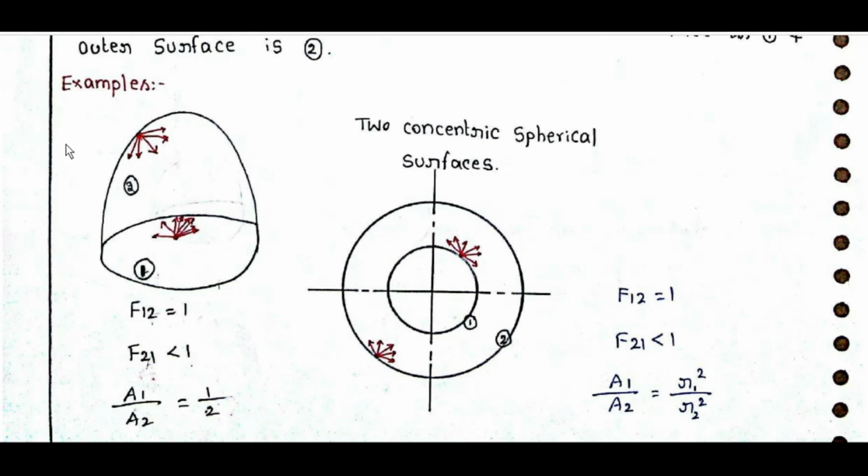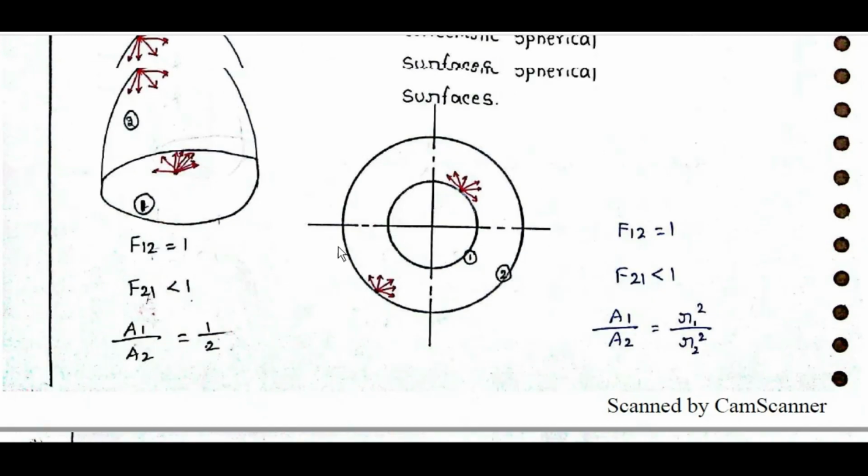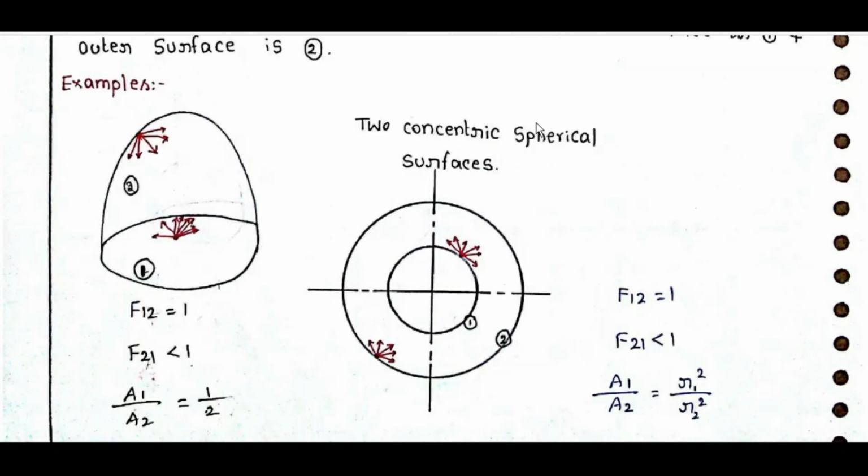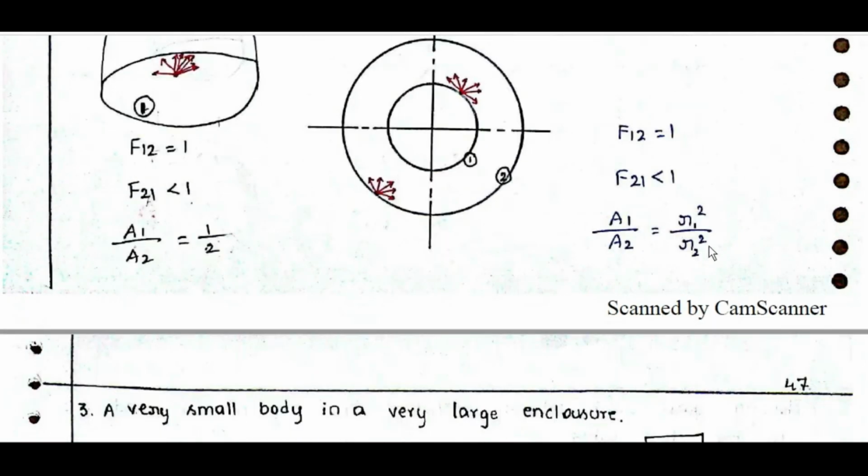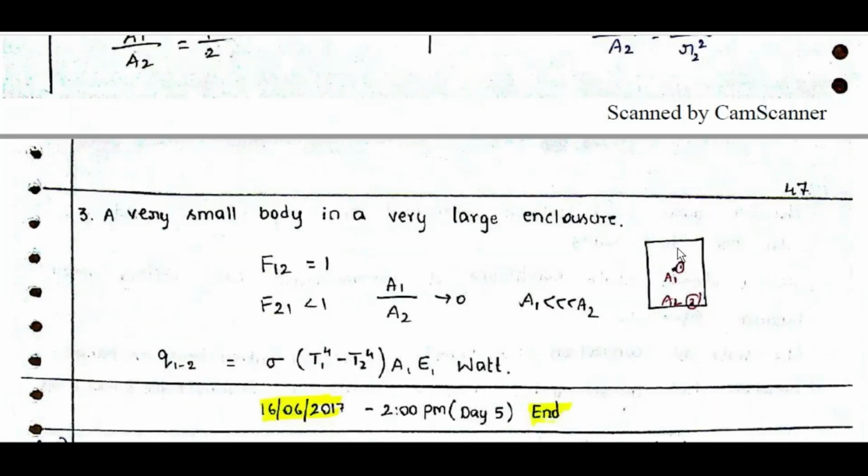Examples: hemispherical, F12 is equal to 1, F21 less than 1. Two concentric spherical surfaces: F12 is equal to 1, F21 less than 1, A1 by A2 is equal to R1 square by R2 square.